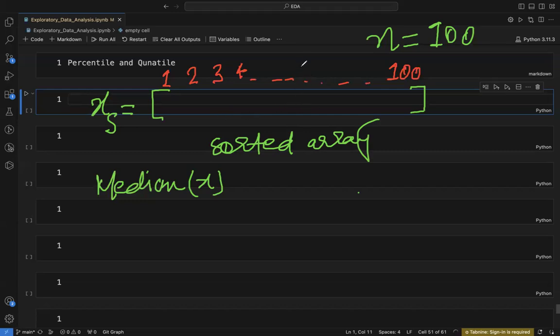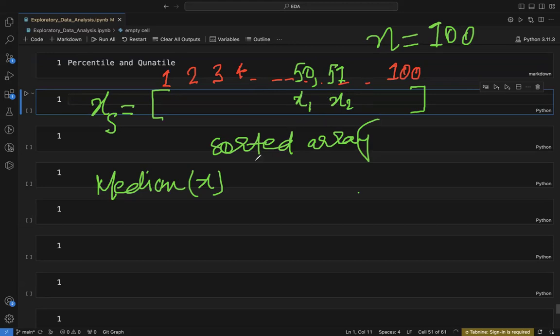Let's say this is x1, and the 51st value, at the 51st index, is x2.